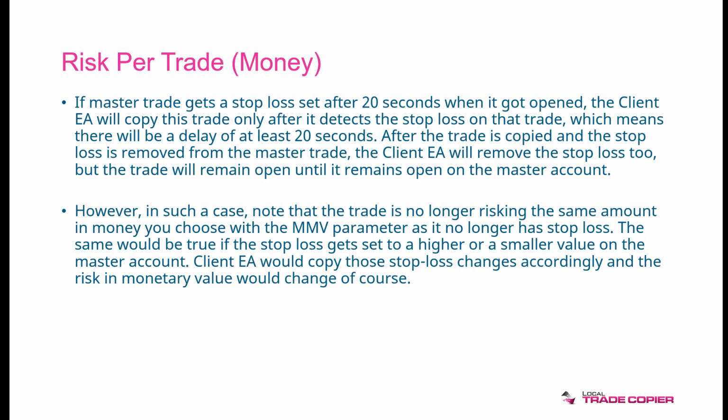But keep in mind that if the trade no longer has a stop loss, it is no longer risking the same amount in money that you chose with the MMV parameter. The same is true if the stop loss gets set to a higher or smaller value on the master account. The client EA would copy those stop loss changes accordingly, and the risk in monetary value would change, of course.